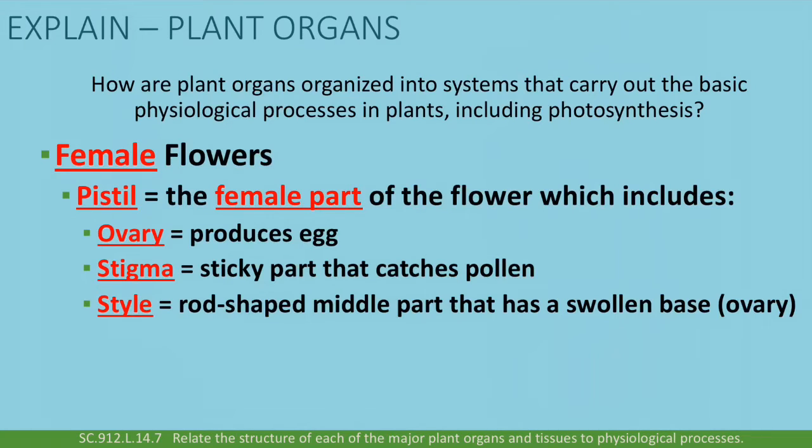So your style is a rod-shaped middle part that has a swollen base, the ovary. I'll show you an example of this on the next slide. Your ovary produces the egg. Your stigma is the sticky part that catches pollen.